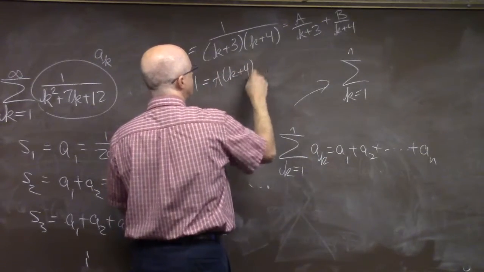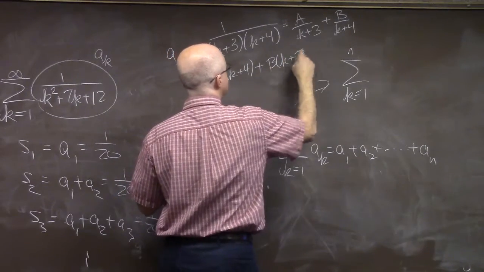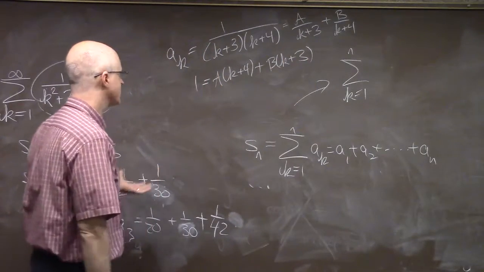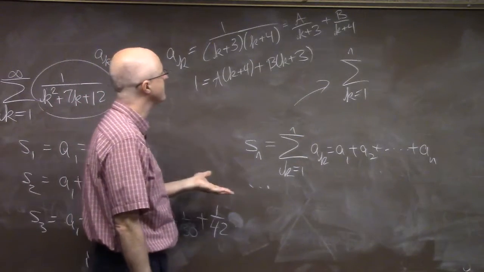You want this to be true no matter what k is. So a little trick is you can plug in special numbers for k, like -3 and -4, to make it easy to solve for A and B.